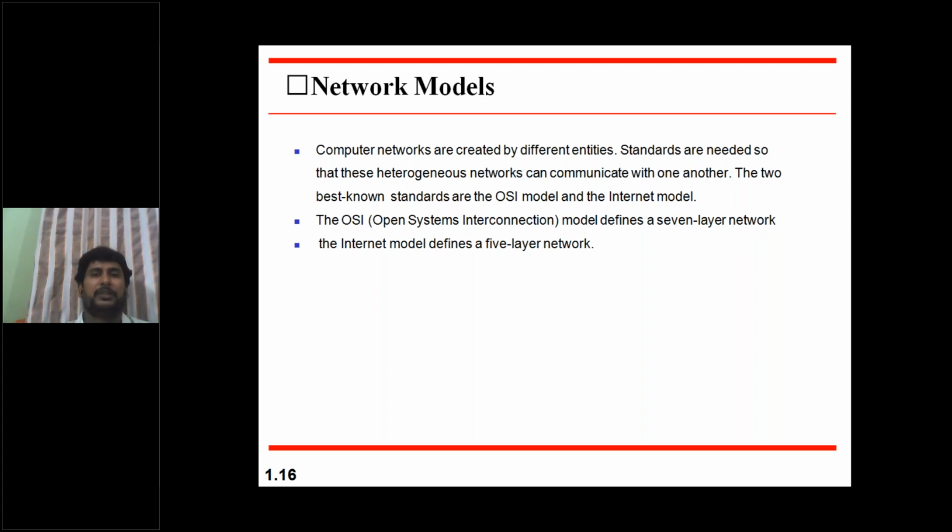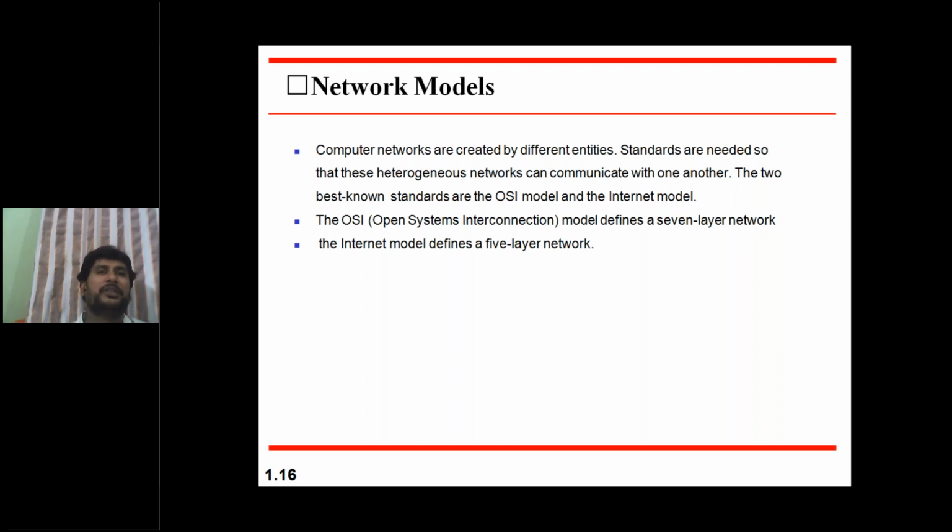The best standard model was developed by the International Standards Organization, and the model was referred to as Open System Interconnection. In this particular model, we have 7 layers, namely application, session, presentation, transport, network, data link, and physical layer. When you compare this with our second alternate model, we have only 5 layers.